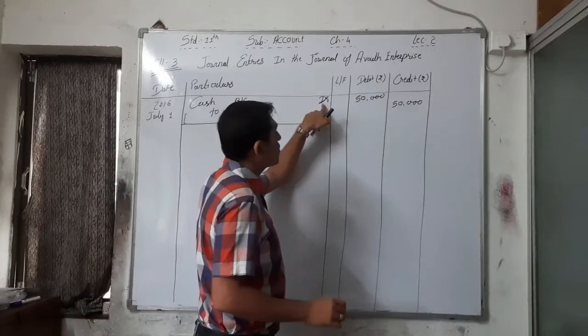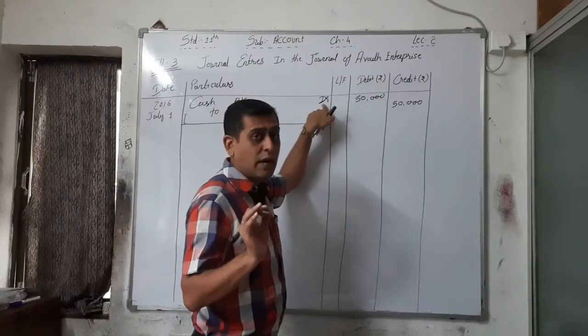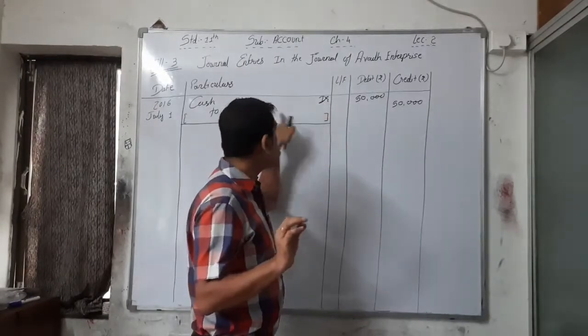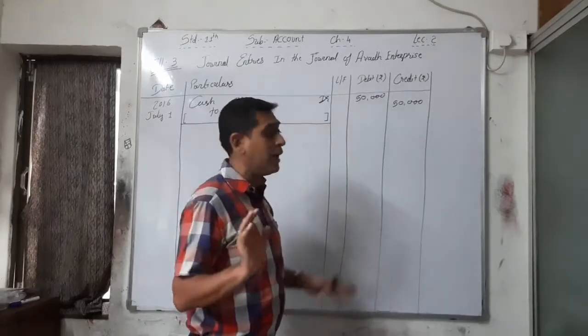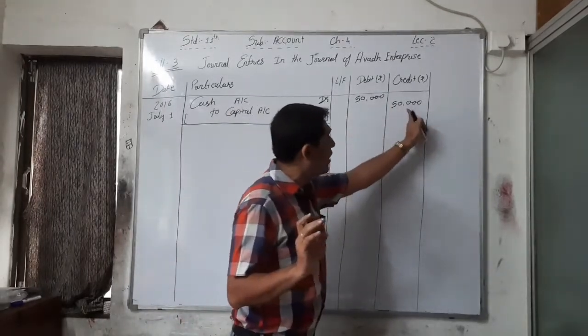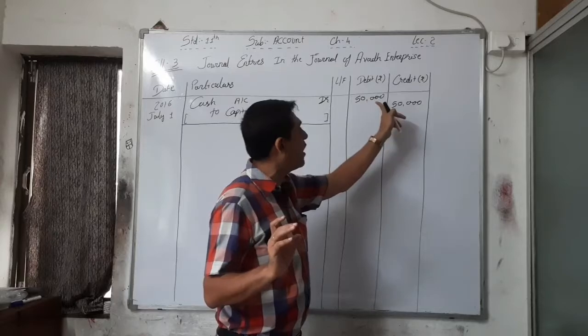The short form of debit, Dr, we have to write compulsorily, but the short form of credit we don't have to write. We just credit the amount; here we debited the amount.